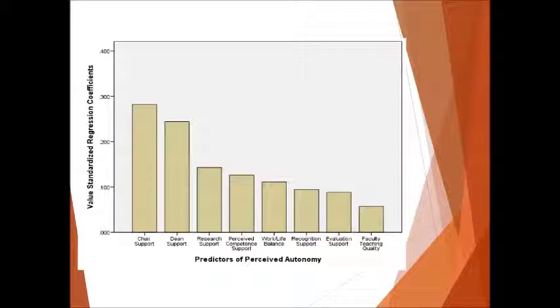So to try to make sense out of what otherwise would be a bit of a spider web kind of array, this is meant to help give a visual read of what you saw otherwise. This is in descending order of the most important predictors of perceived autonomy, for starters.